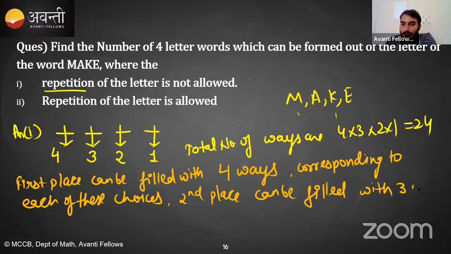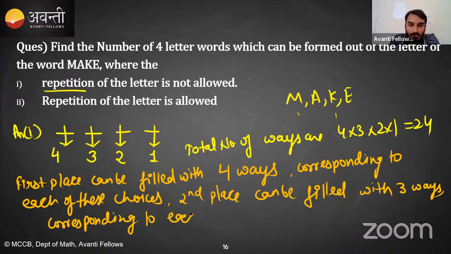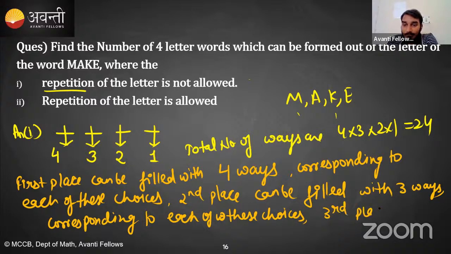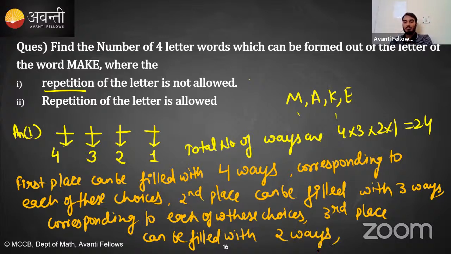3 ways, right? Similarly, corresponding to each of these choices, third place can be filled with 2 ways, right? Yes or no?